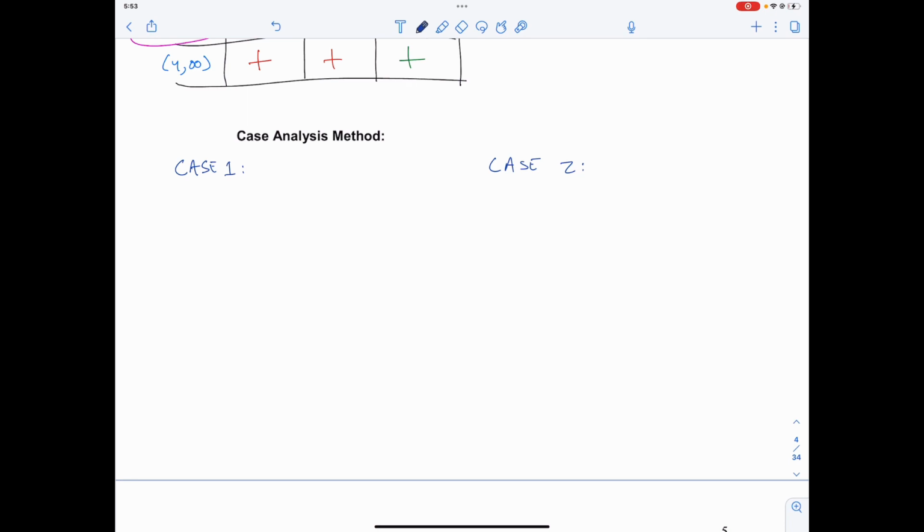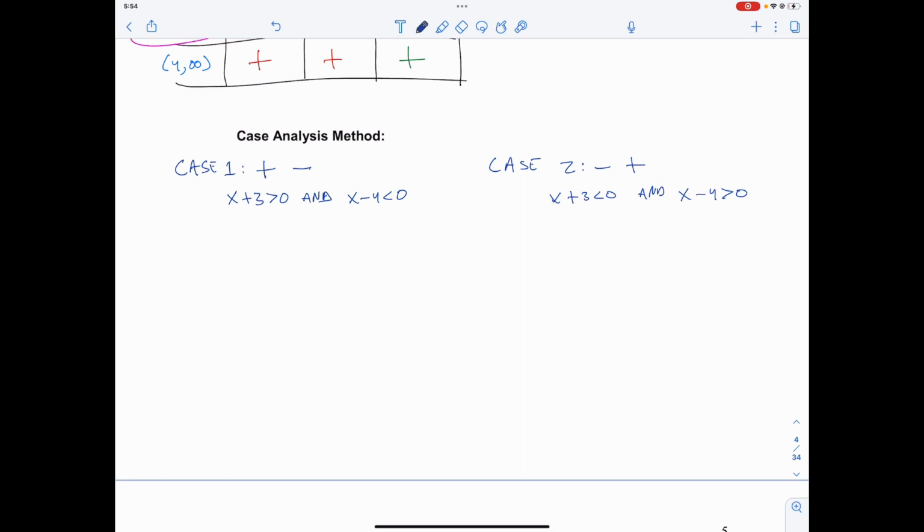Well, that would be the same as a positive times a negative, or one factor, x plus 3, is greater than 0. The other factor, x minus 4, is less than 0. For case 2, it's going to be negative and positive, or x plus 3 is less than 0, and x minus 4 is greater than 0.